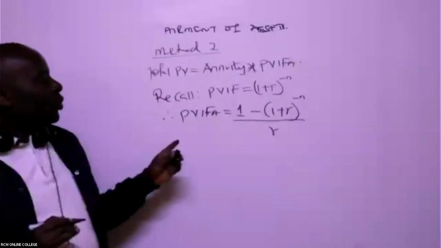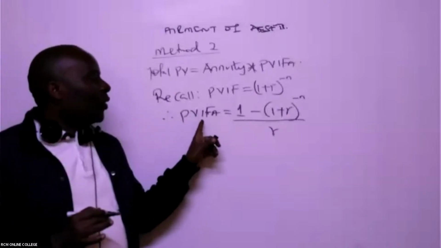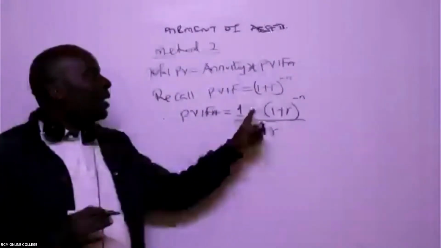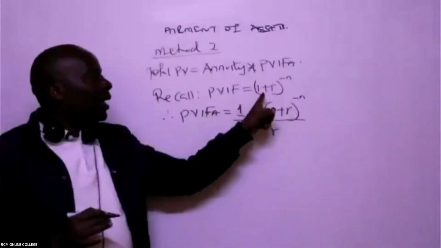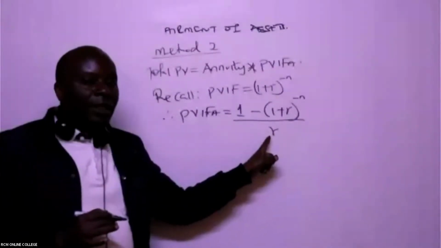So anytime they want the present value interest factor of an annuity, we take 1 minus this simple formula, and then divide by R.